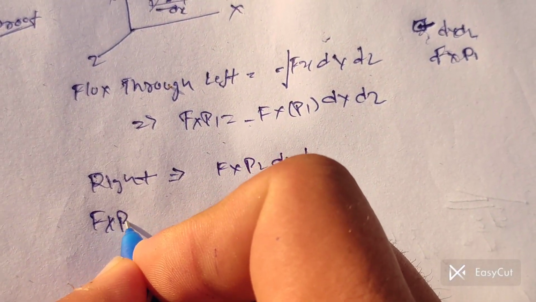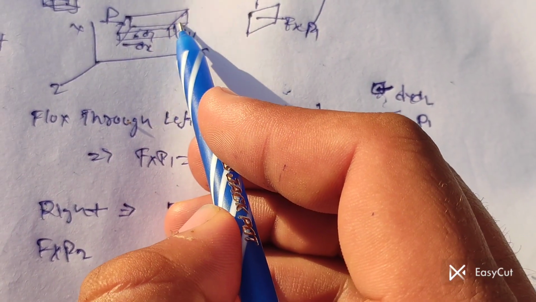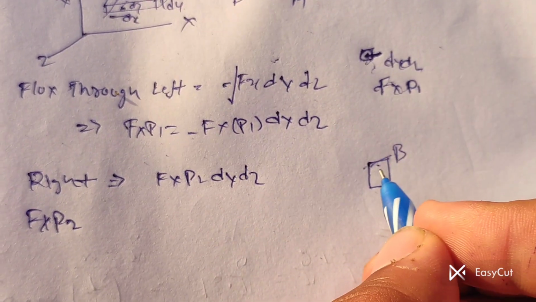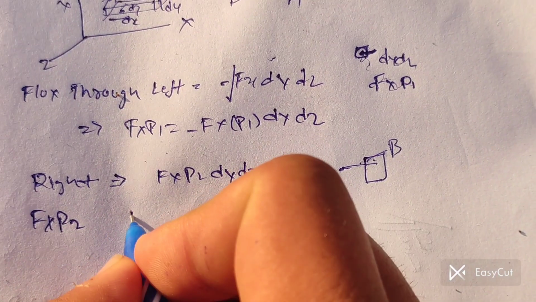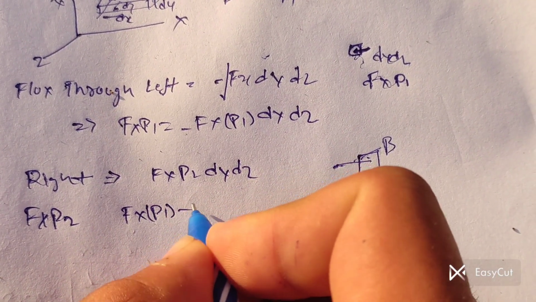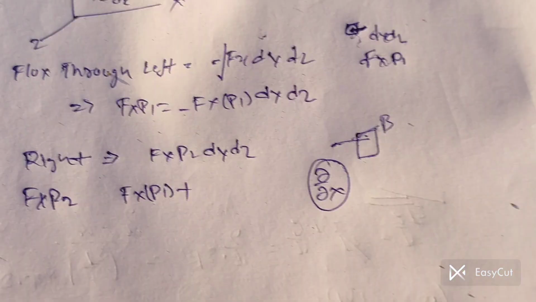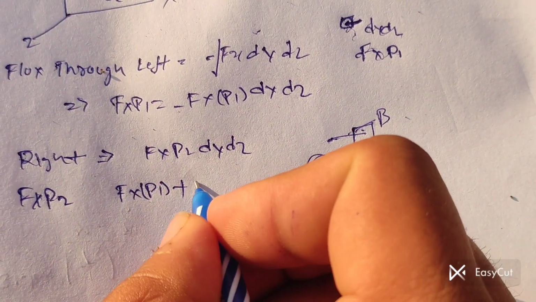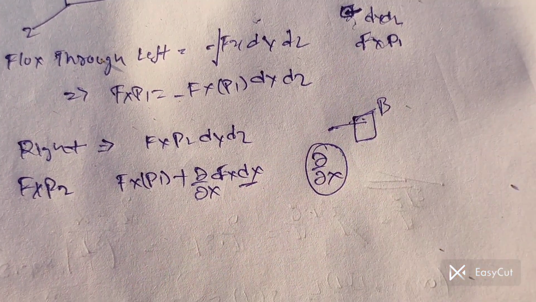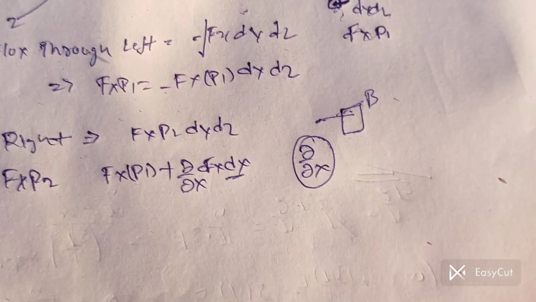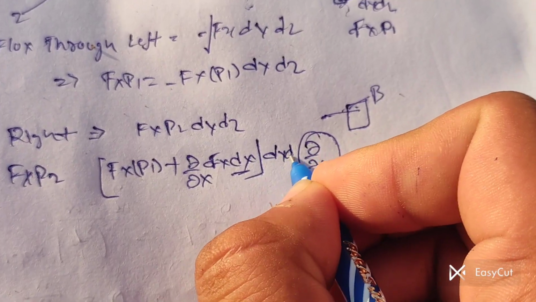The value of Fx at point 2, this right hand part, say this is B, and the flux passing from point A is Fx at point A, plus, when we differentiate along the direction, partial derivative of Fx with respect to x times dx, its length, and the overall area dy and dz.